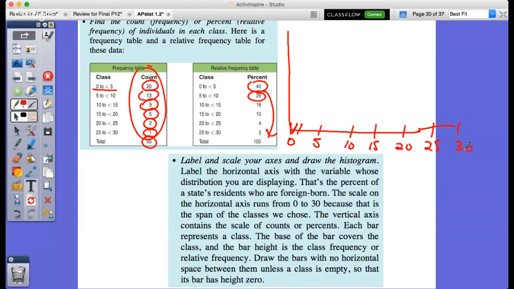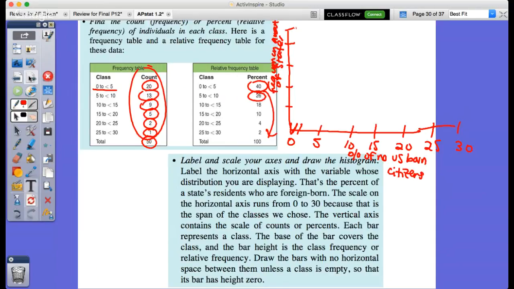The bottom would be representative of the percent of non-U.S. born citizens. And this is the frequency, the amount of states in each category, okay? So we could go 1, 2, or you could count by 2, 4, 6, right?